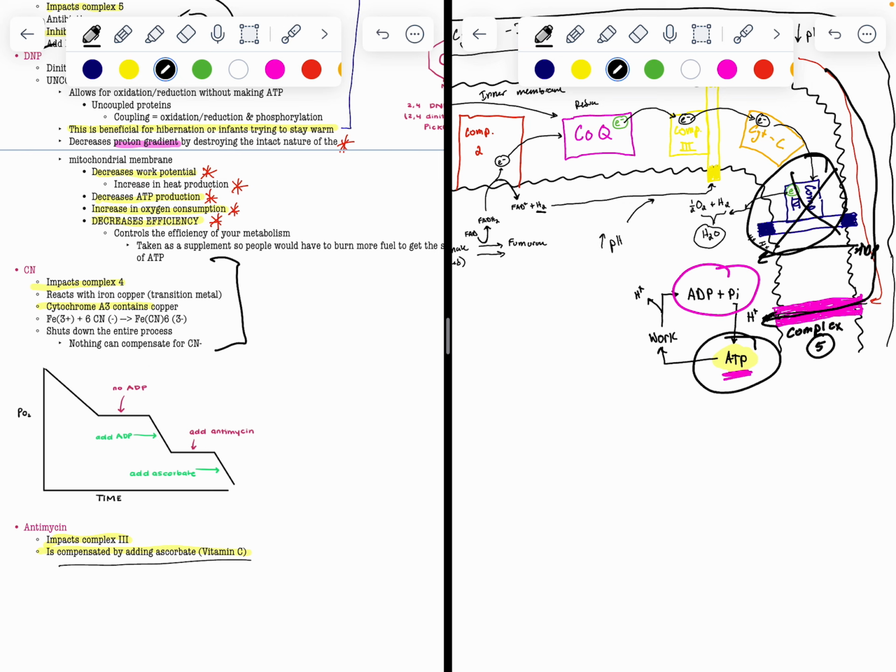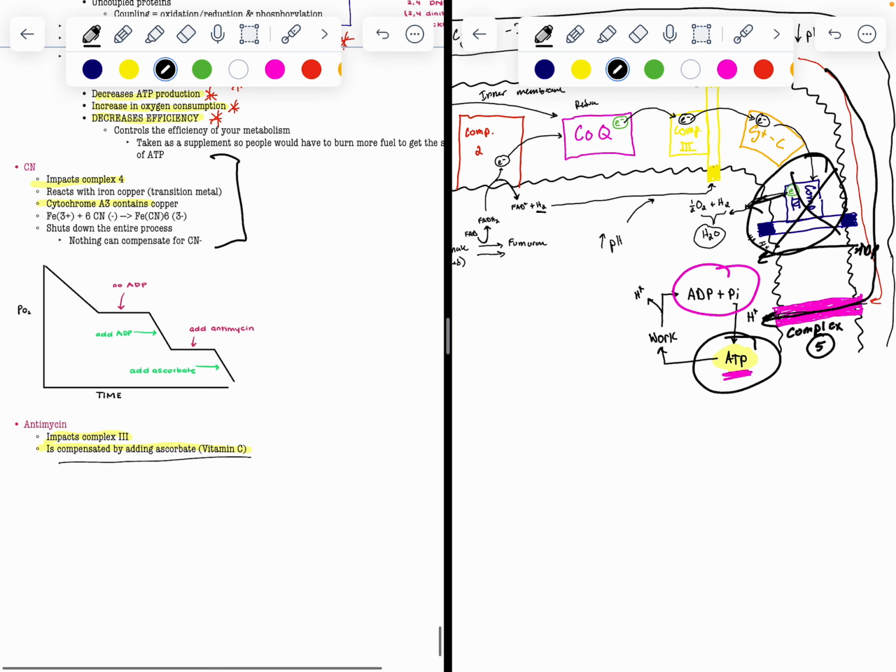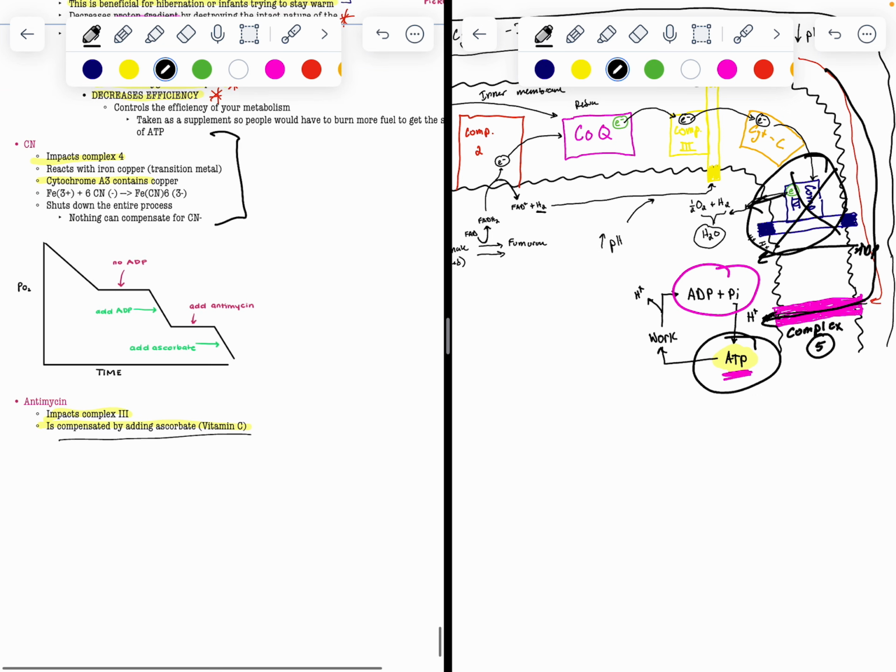It shuts down complex 4, and it basically just shuts down this entire process because we can't get rid of these electrons and can't create CO2. So it basically just shuts down our entire electron transport chain. And the last one we want to talk about is antimycin. It impacts complex 3 and is just compensated by adding ascorbate.